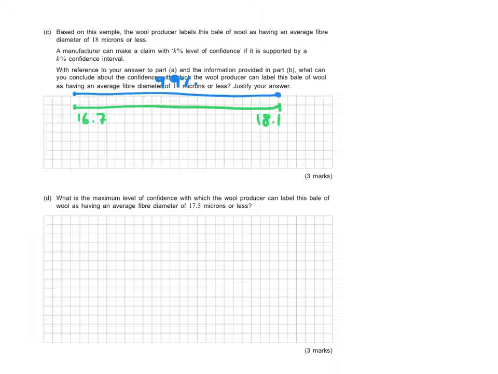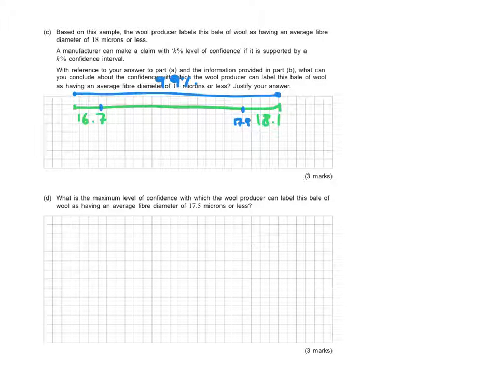What do we have in part B? So the lower one, let me have a look, 16.9. So let's say it's somewhere here, not to scale, please. And the upper one is 17.9. Please just note it is not to scale.